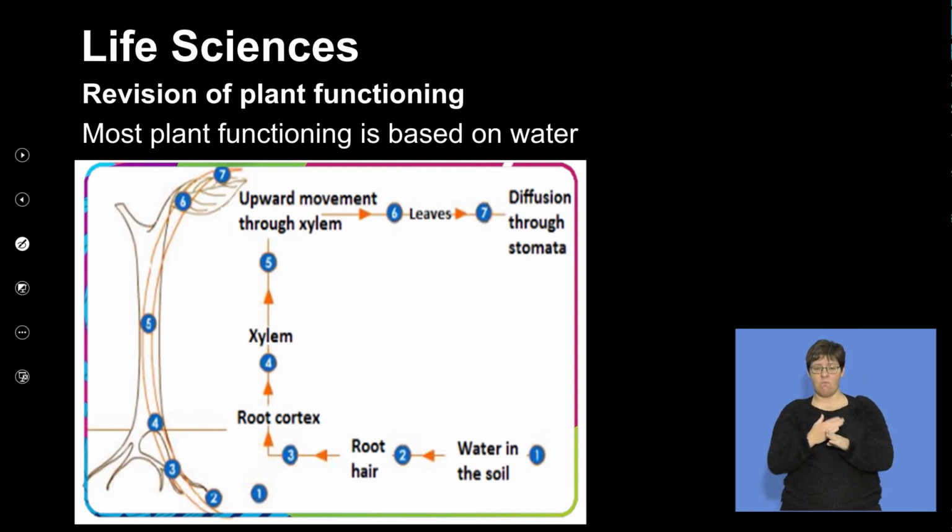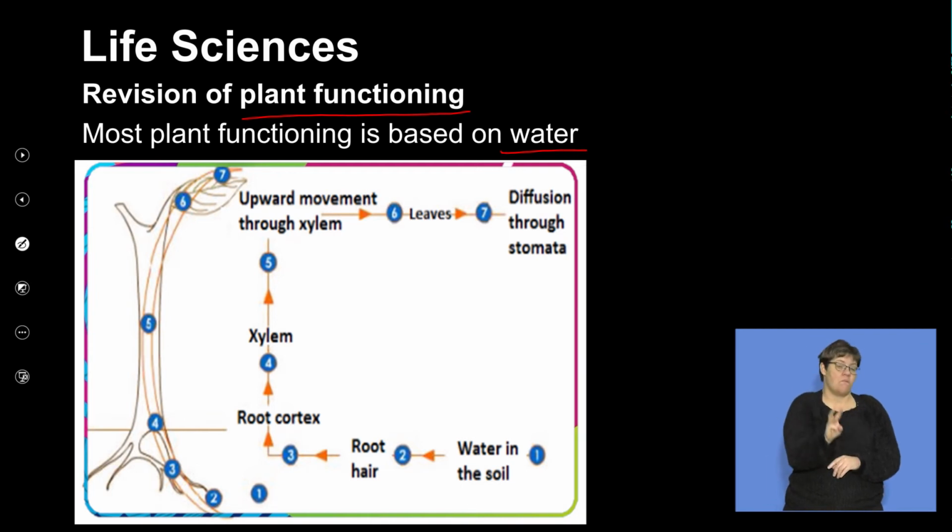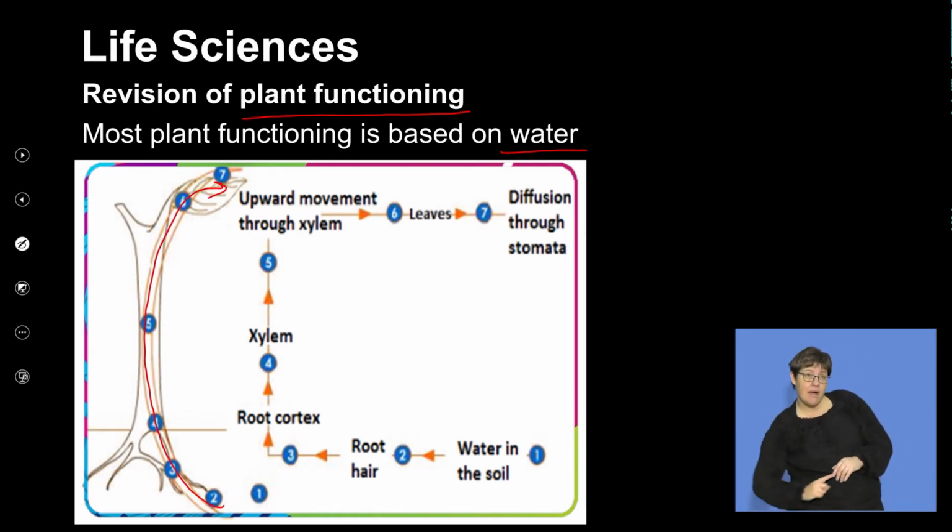So we're going to start off by revising plant functioning. And almost everything a plant does is based on water. And in previous lessons, we looked at how water goes in through the root, goes all the way up, and it goes out again through the leaves.